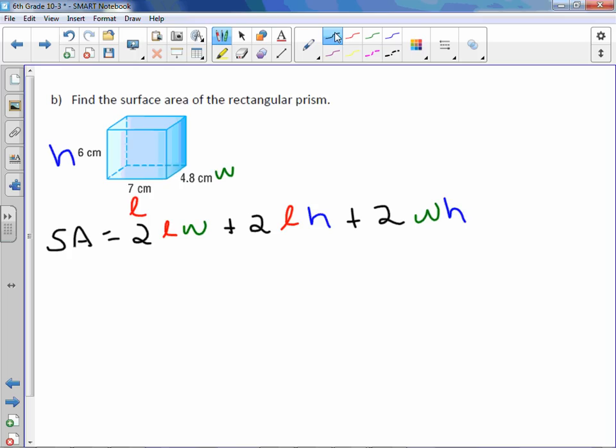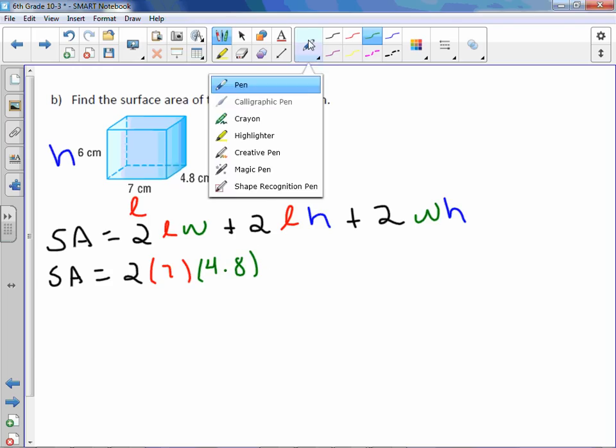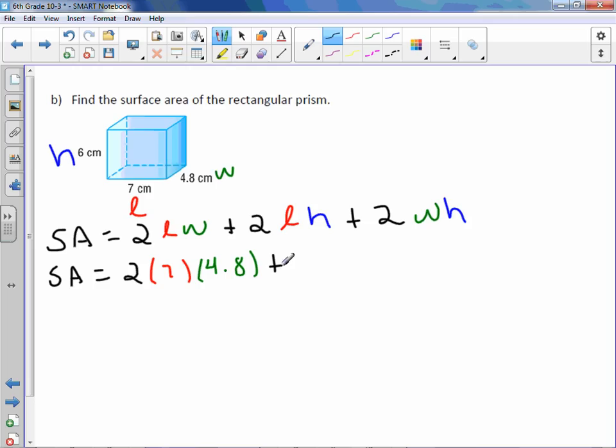Plug in your values. Surface area equals 2 times 7 times 4.8 plus 2 times 7 times 6 plus 2 times 4.8 times 6.